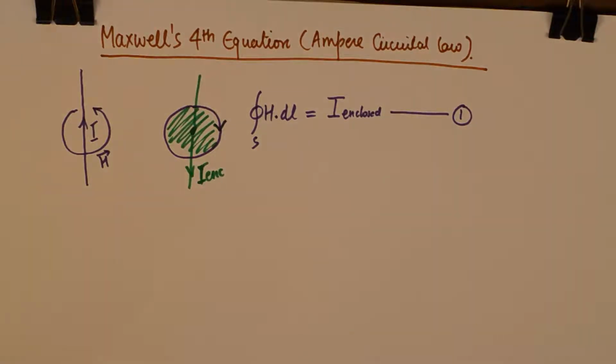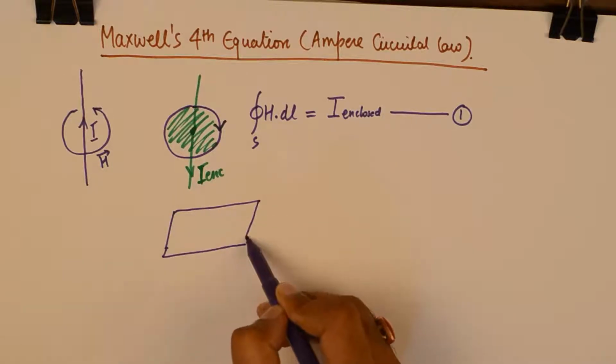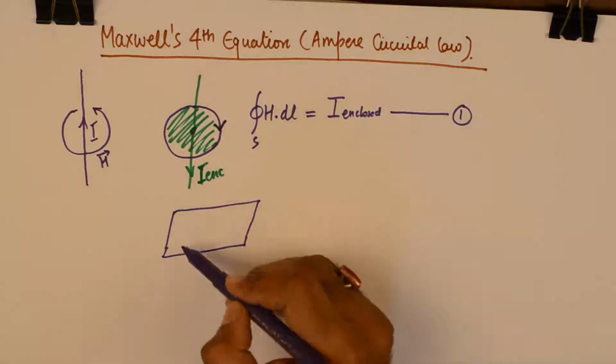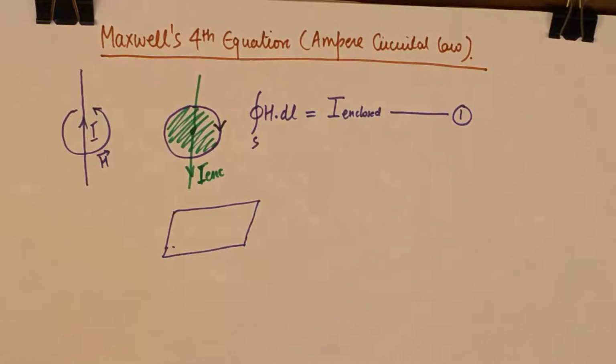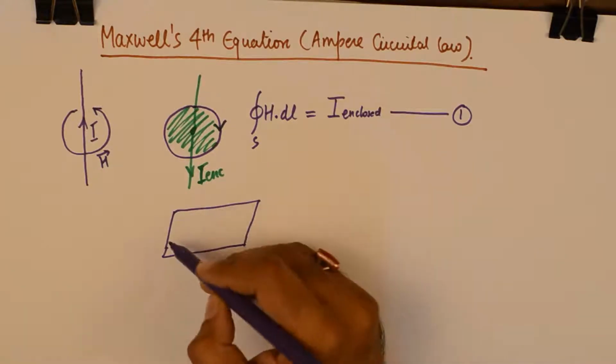Now if I was to express the current enclosed, or the current passing through a surface area normally, in other words, I take up a surface area and I wish to find out how much current is passing through this surface area normally. And normally means that it is cutting right through the surface area.